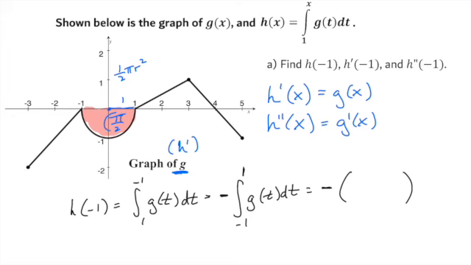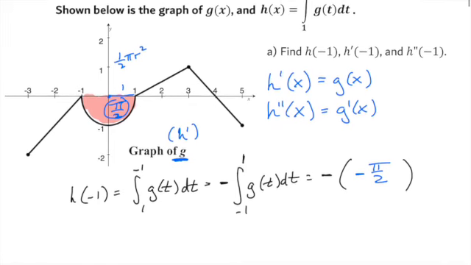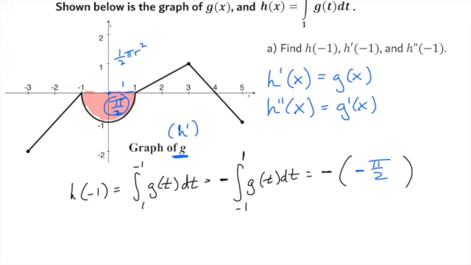So this semicircle in total is going to have an area of pi over 2. It would be below the x-axis, so you would assign it a value of -pi over 2 to represent a loss. But because you're taking the negative, because that was out of order, your answer is actually going to be positive pi over 2. So that's h of -1.